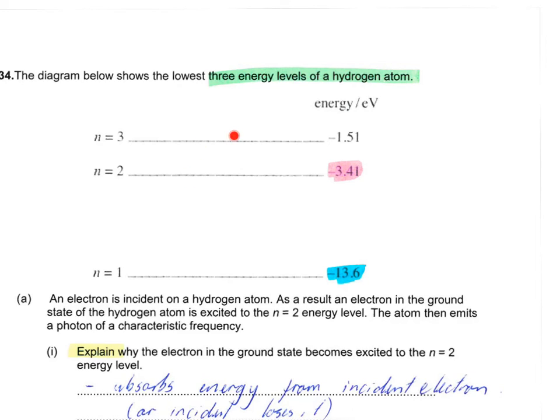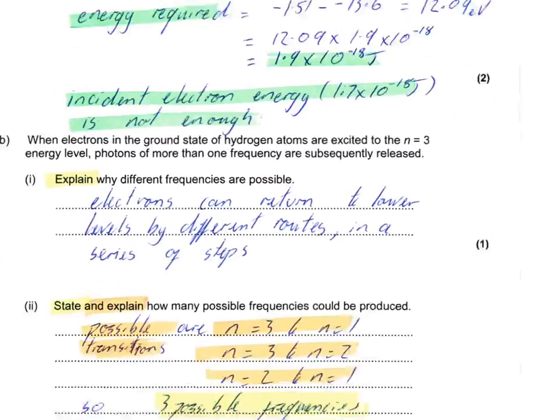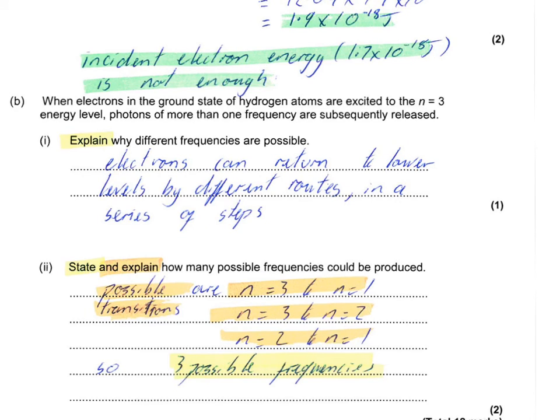Each of those transitions, from 3 to 2, from 2 to 1, and 3 to 1, has got a specific energy associated, therefore will give you a photon of a specific energy, therefore a photon of a specific frequency. So electrons can return to the lower energy levels by different routes in a series of steps, which is why we can get those different frequencies.